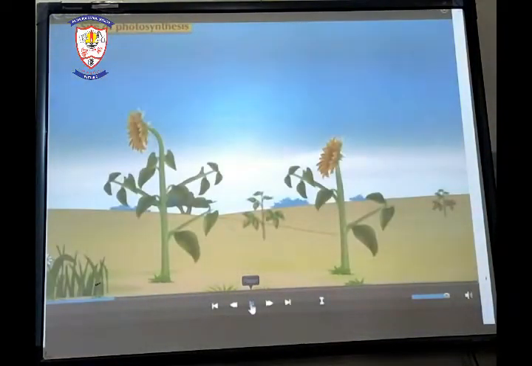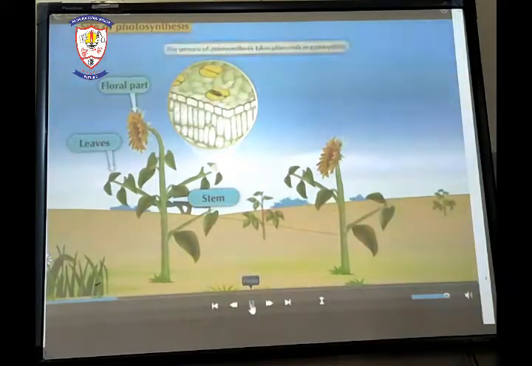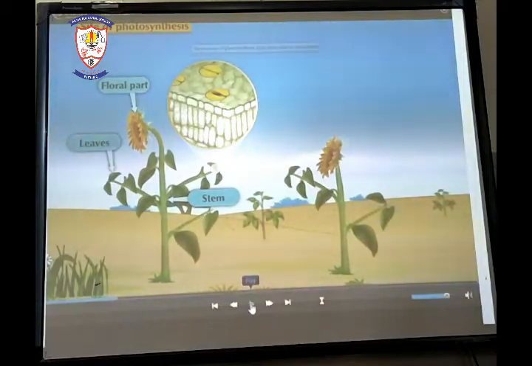Now we can understand the site of photosynthesis. The process of photosynthesis takes place only in green plants, as you all know, occurring mostly in the leaves, which are green in color. We can also say that some green colored parts of the plant, like the stem and floral parts, also do it.